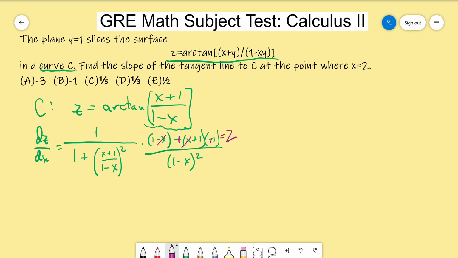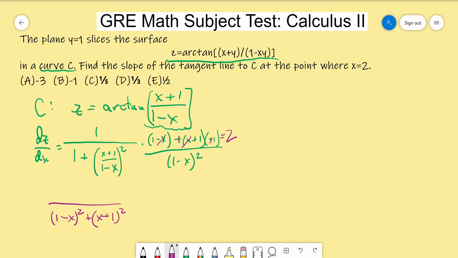Now, here we need a common denominator. So I think we can write this as, our common denominator is going to be (1 minus x) squared for this first fraction. So we'll need to write (1 minus x) squared plus (x plus 1) squared, all over (1 minus x) squared.